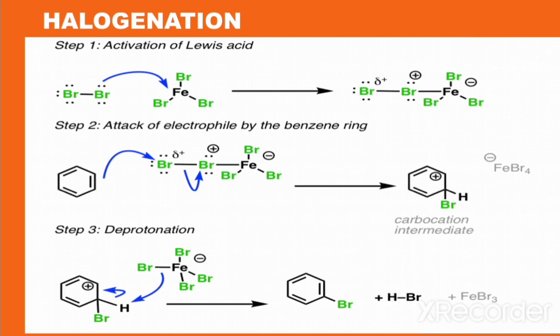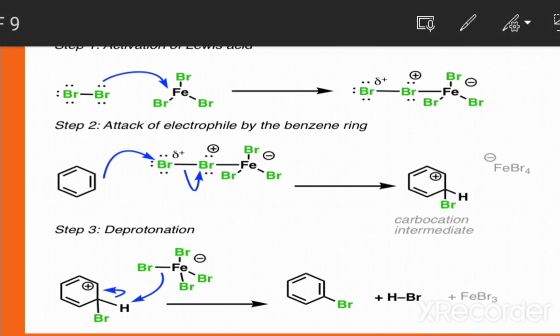in this process the iron bromide, bromine and the iron Fe, it has three bromo groups, meaning halogen. And we have a bromine molecule that is in this form.